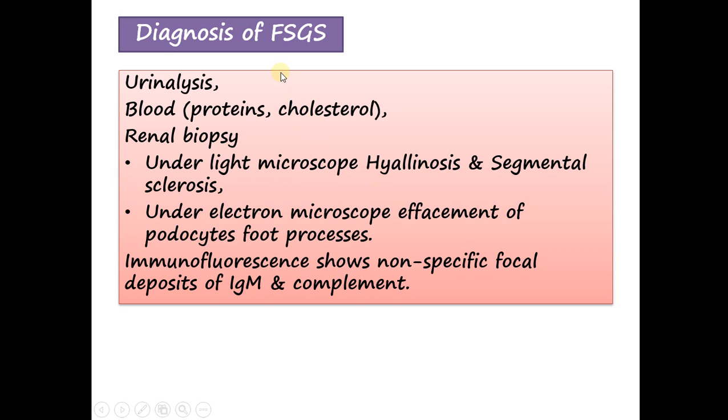Diagnosis of FSGS is made by urine examination, urinalysis for blood, proteins, and cholesterol, and the diagnosis is confirmed by renal biopsy. In renal biopsy, as compared to minimal change disease, where we don't see any abnormality, in FSGS we can see under the light microscope the hyalinosis and segmental sclerosis.